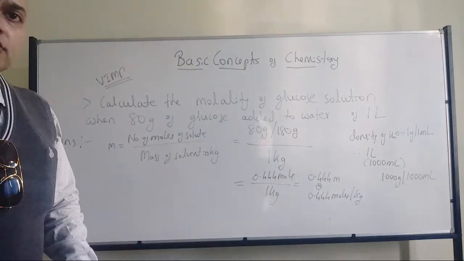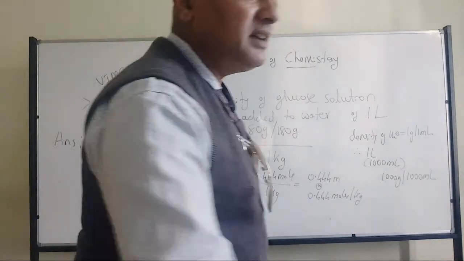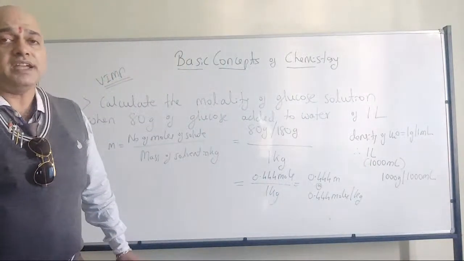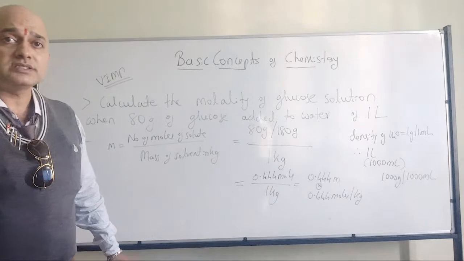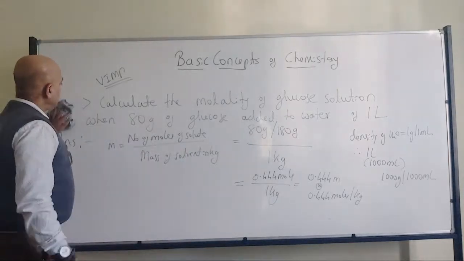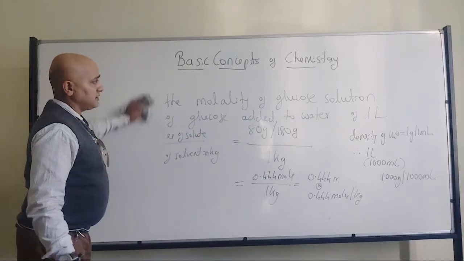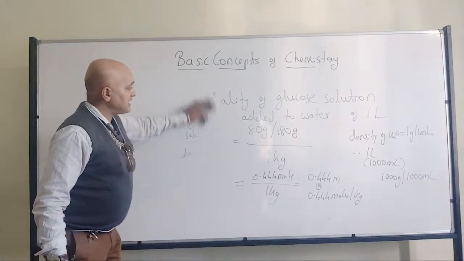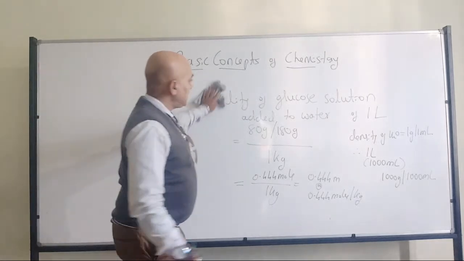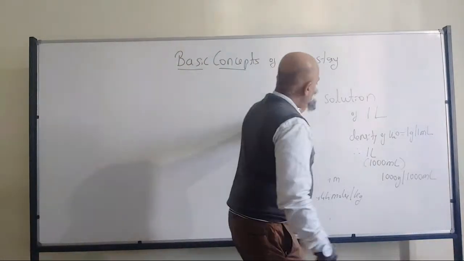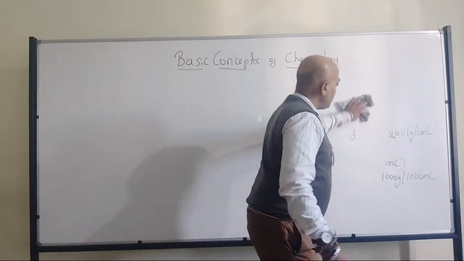All of you have understood? So that's how we can solve these problems. Okay, fine. So anyway, I will stop here. Any doubts related to this? Since they have mentioned it as water and volume they have given as 1 liter, straight away we can take it as 1000 gram because density of water is 1 gram per 1 ml.